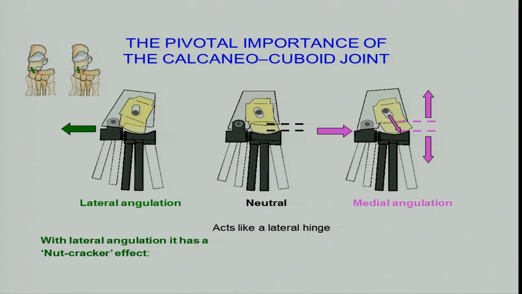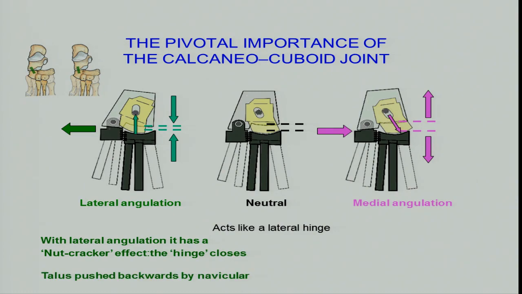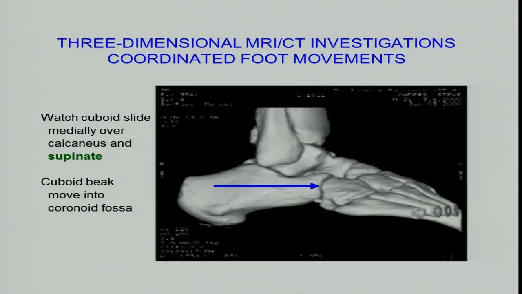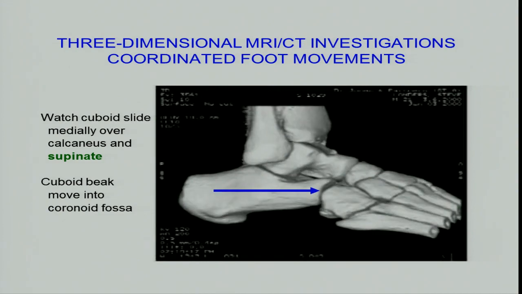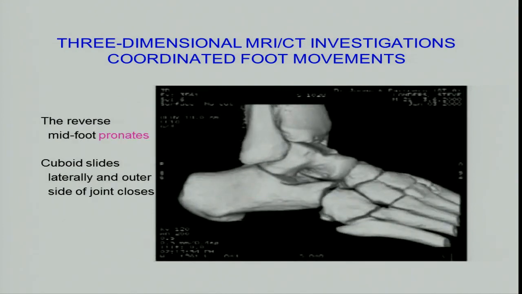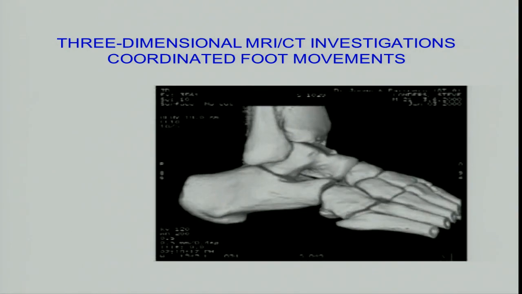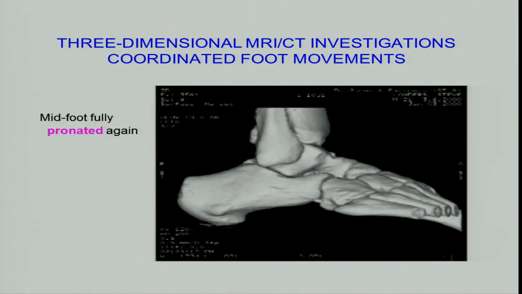Then they come closer, the navicular comes closer to the sustentaculum tali, and the talus gets pushed backwards. And we've shown this very nicely with this scan. There's the talus going backwards, the outward angulation, the cuboid supinating further than the calcaneus, and the beak going into the coronoid fossa. And here it comes out again as the midfoot pronates, and the talus slides down the slope.